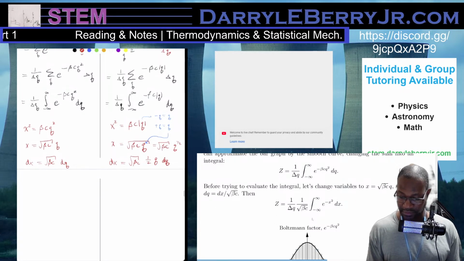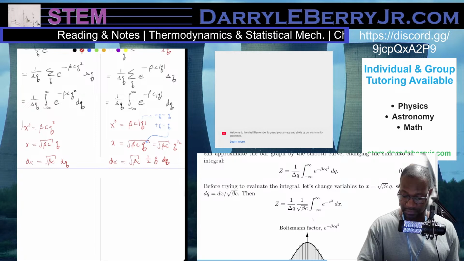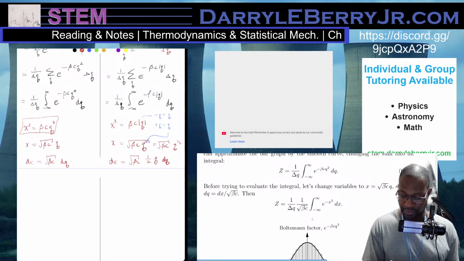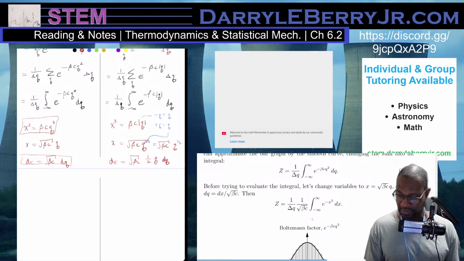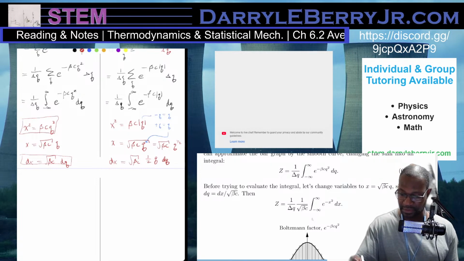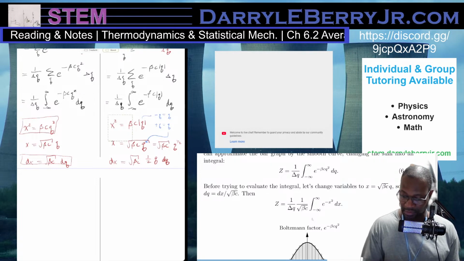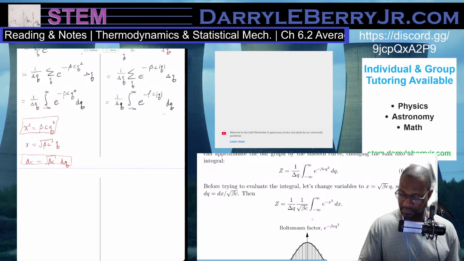So if I substitute this for x squared and this for dx. I think it's something where I don't have to take the square root on its side, since there's no square. I think that's what the difference is.